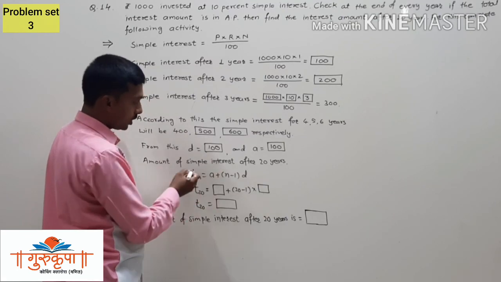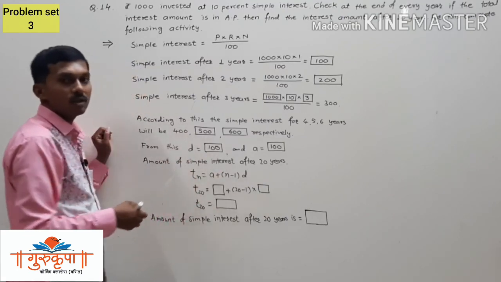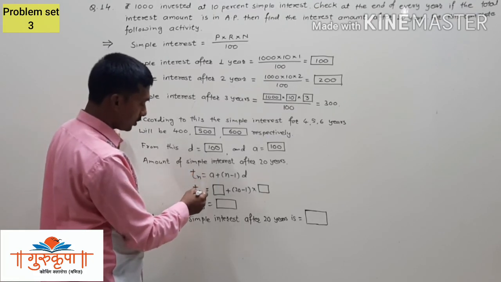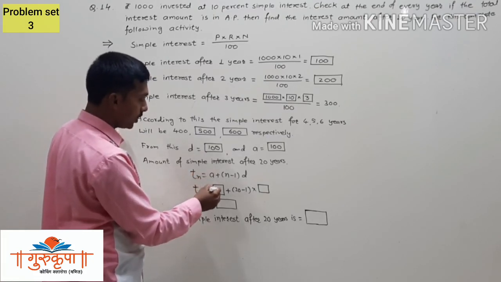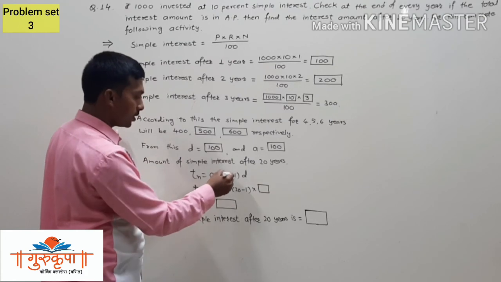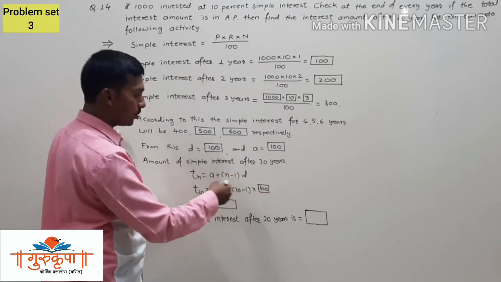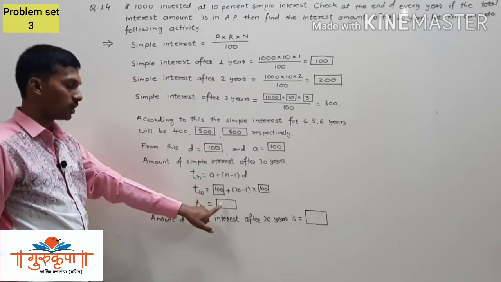So we write the formula for finding the nth term of an AP, and we have to put the values there. Tn, in place of n write 20, in place of A we have to write 100. This is 20 minus 1. In place of D we have to write 100. Now simplify this, and the final calculation you have to write here.